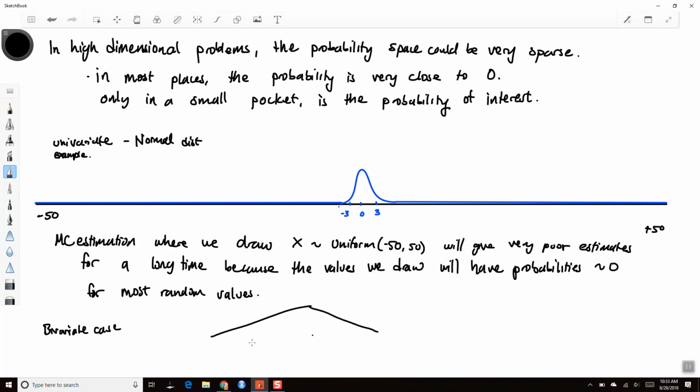In the bivariate case, you basically have this tiny little mound, and everywhere else is pretty much flat.